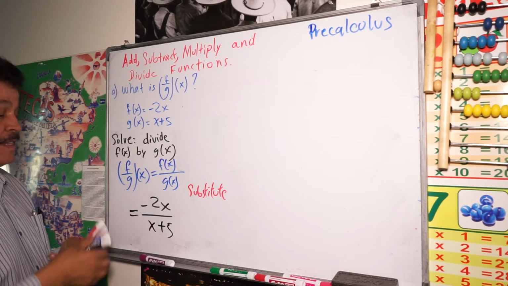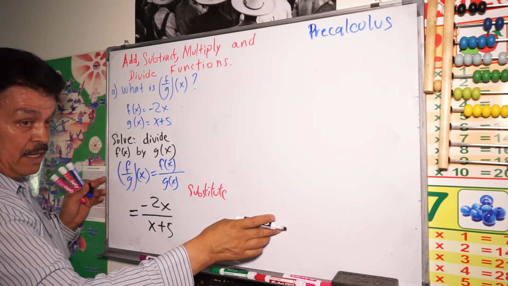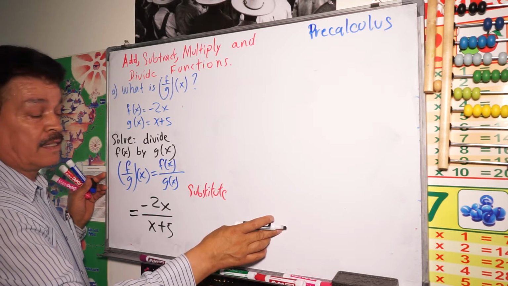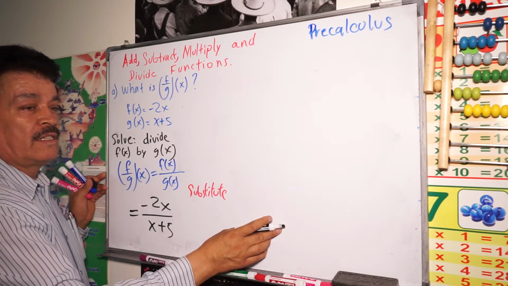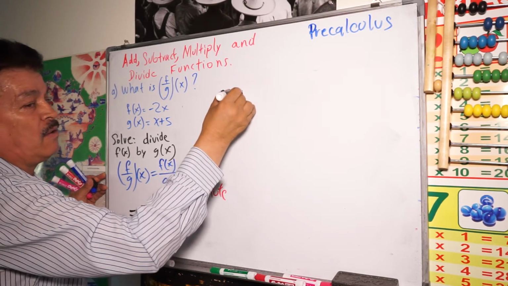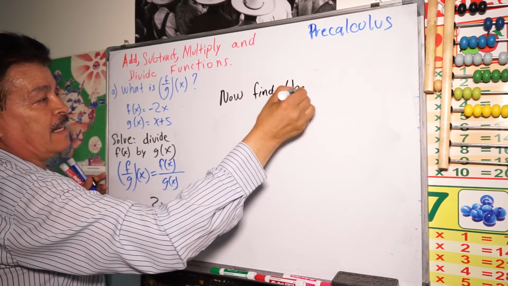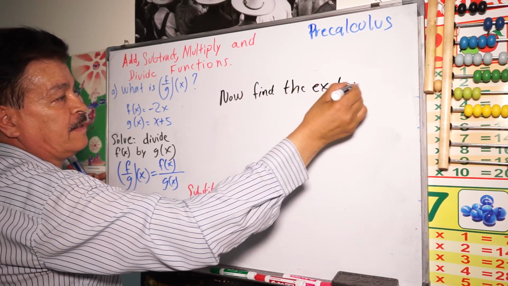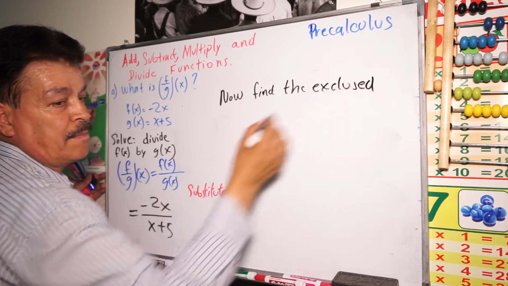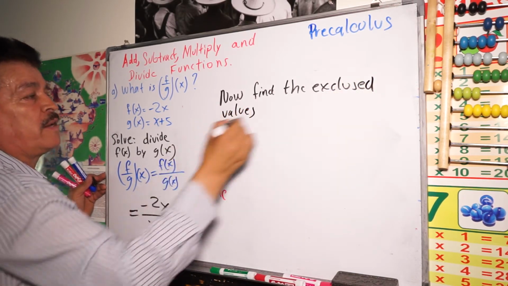Now, remember that when the divisor is 0, the division is undefined. You have to find the excluded values.